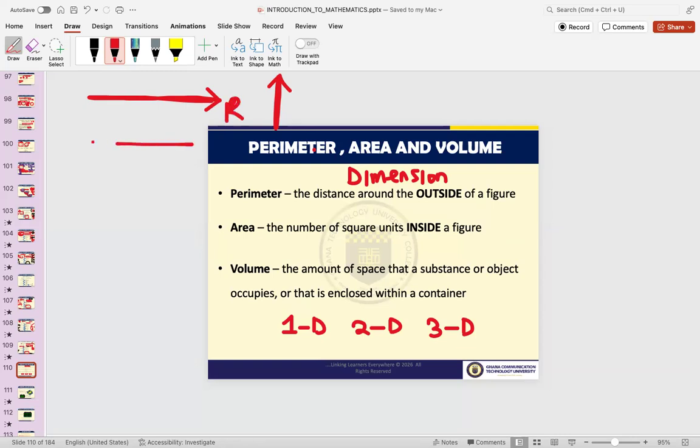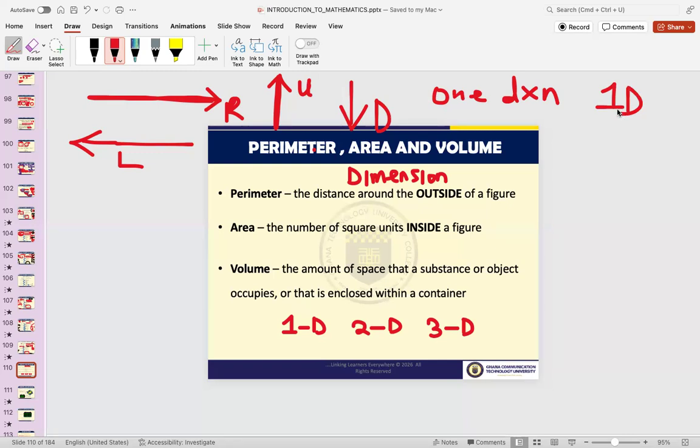And then this one to left movement. This one to up movement. This one to down movement. So in all these directions, you are seeing only one direction. And that one direction is what we call the 1D.